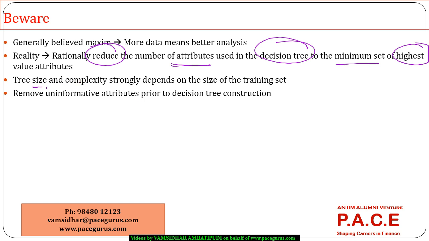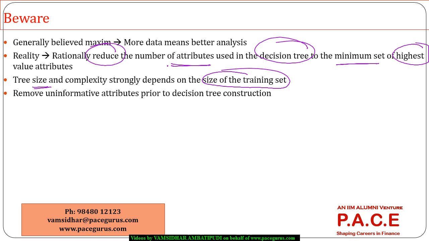The tree size and complexity depend on the size of the training set. If your training set is too large, there is a good possibility that the tree size will be much higher and the model will become more and more complex. So any attributes which are nowhere informative, better try removing them before the construction of the tree itself.